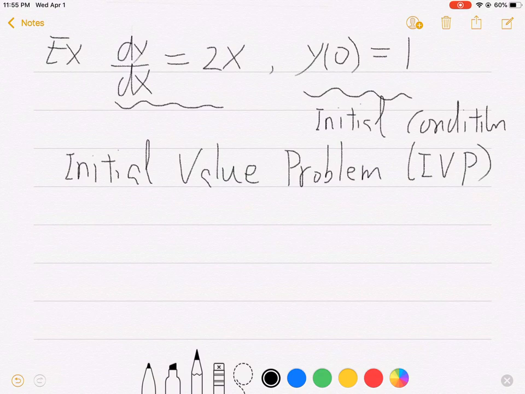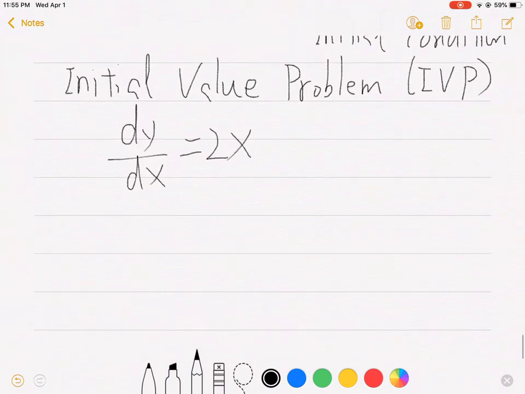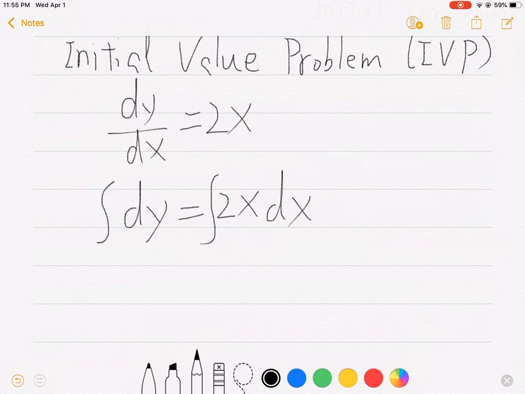So how do we solve it? We still start from the beginning. We have dy over dx equals 2x, so we multiply dx on both sides. This is dy equals 2x dx. Then we integrate on both sides.